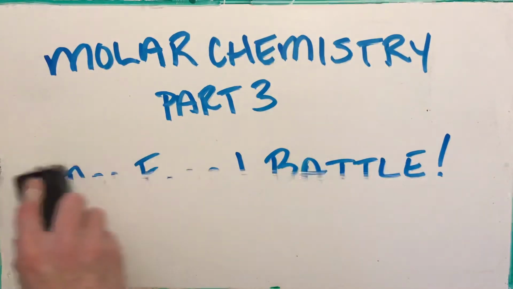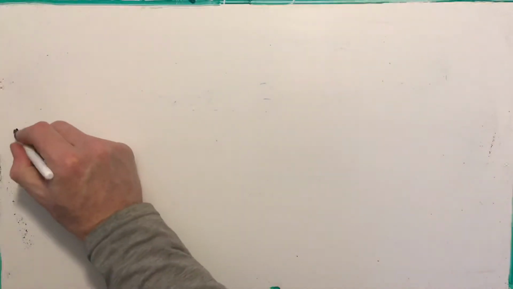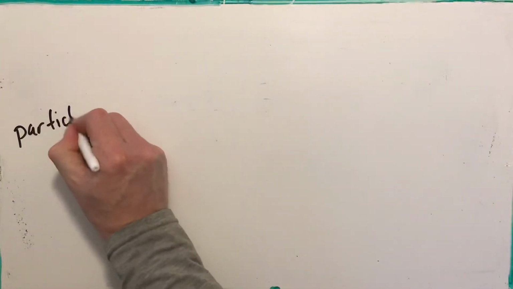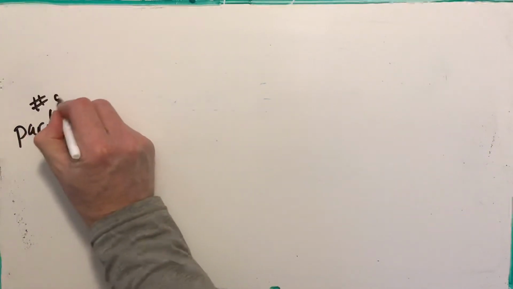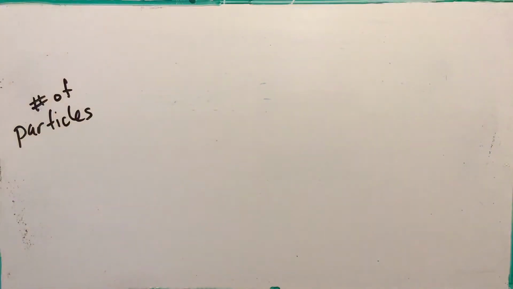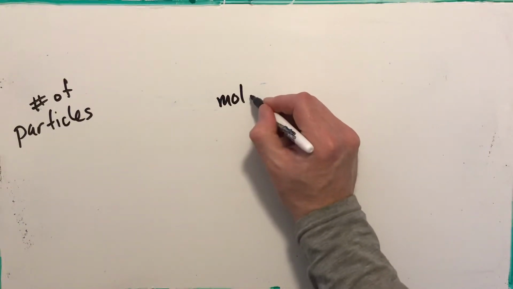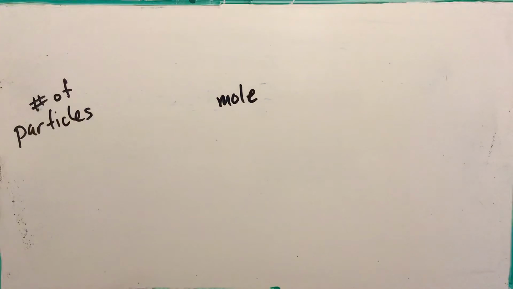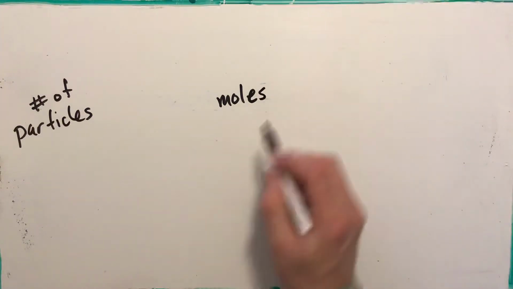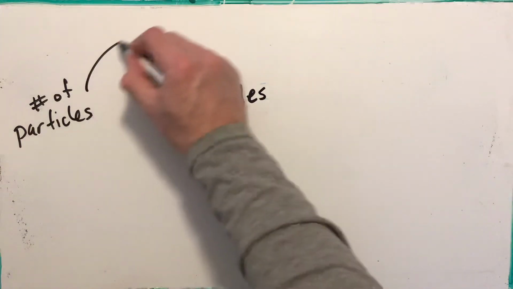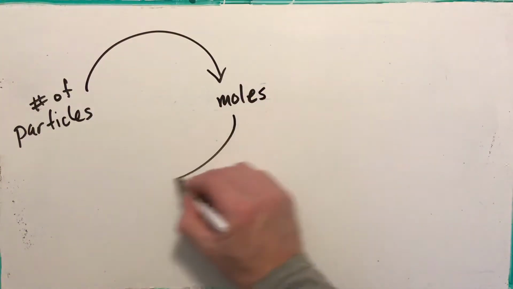So, if we look at our last couple of lectures, what do we have from those? Well, we talked about particles, and about grouping particles in a specific number, 602 hexillion. We said 602 hexillion particles is a mole. And we were converting back and forth between moles and the number of particles.